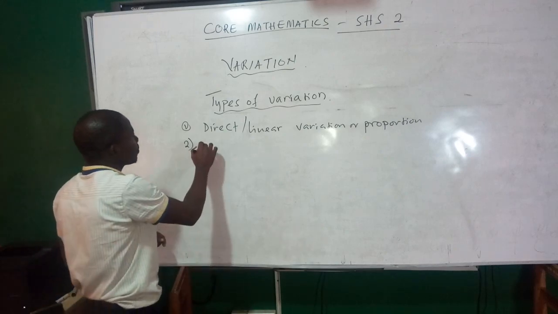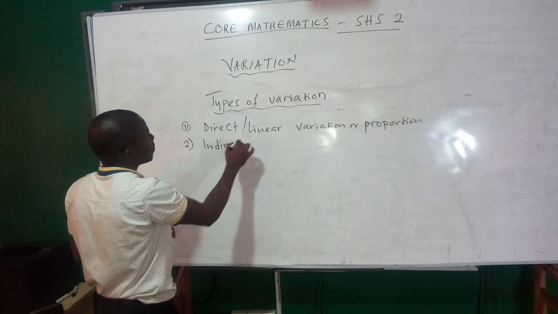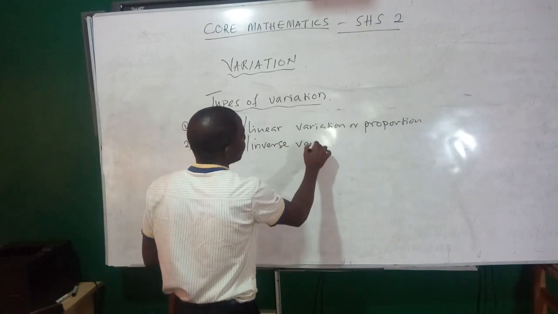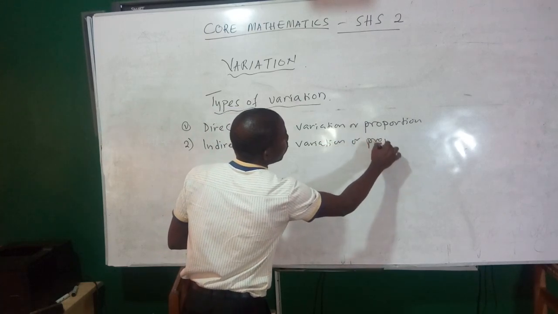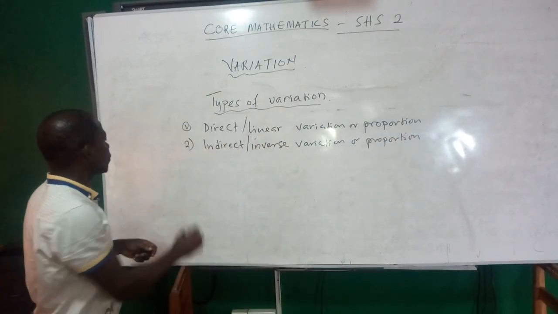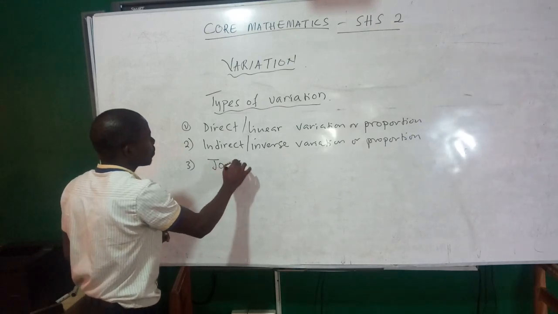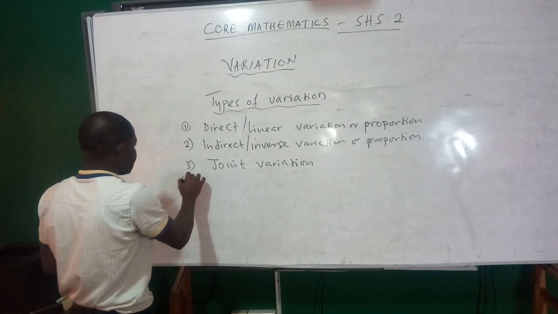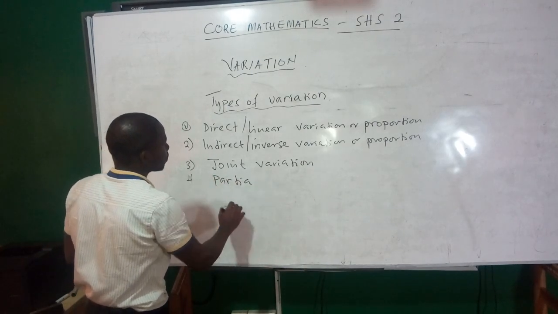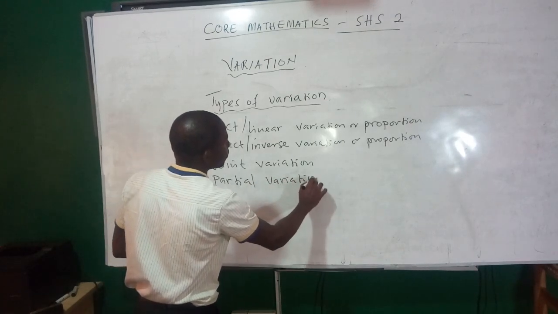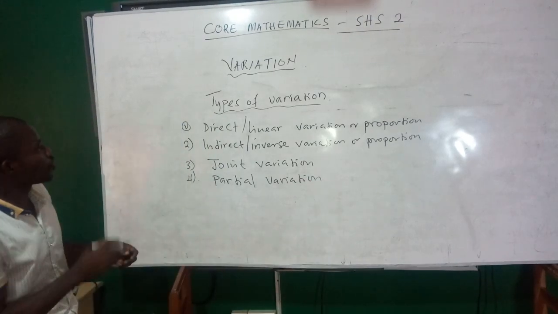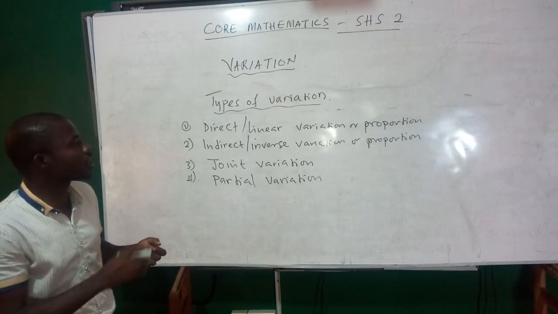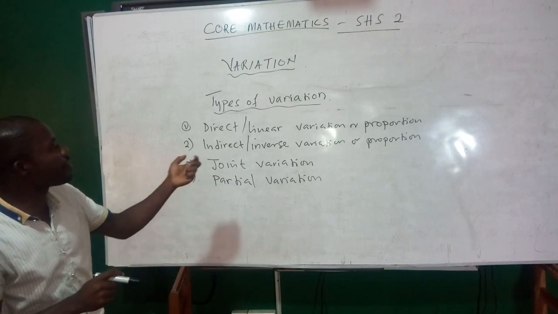Number 2, so these are the types. 1, direct or linear variation or proportion. 2, indirect or inverse variation or proportion.